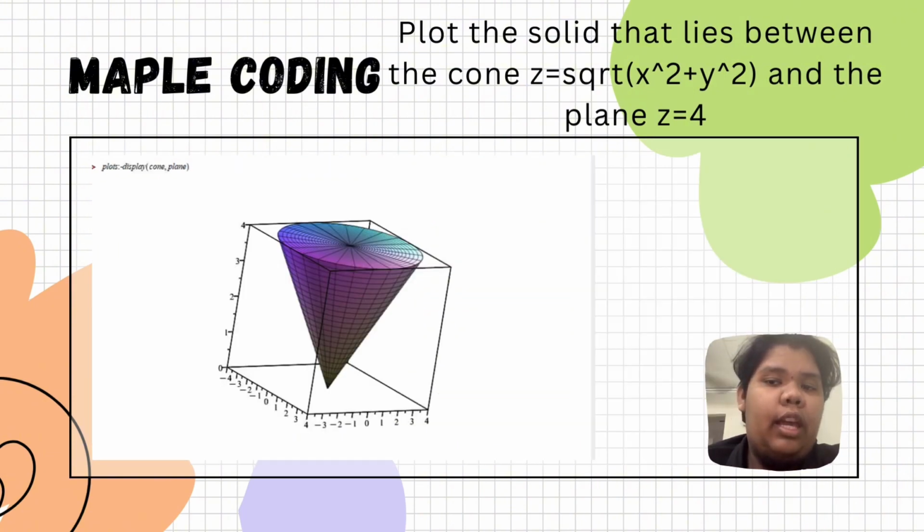After all that works, we can plot our final shape, and we use the command display in brackets cone name, and we get this beautiful cone shape. And we continue to do our next question.